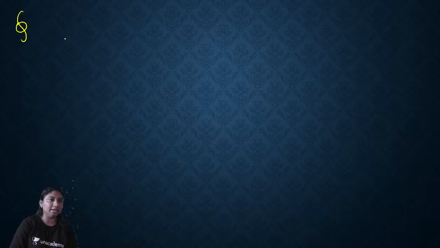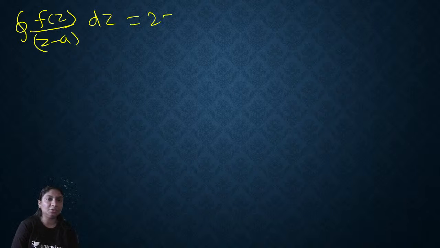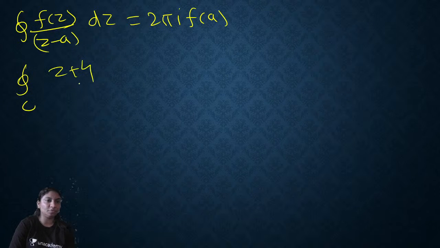So you will get the integral over C of f(z) upon z minus a dz is equal to 2 pi i into f(a). Here f(z) is z plus 4.